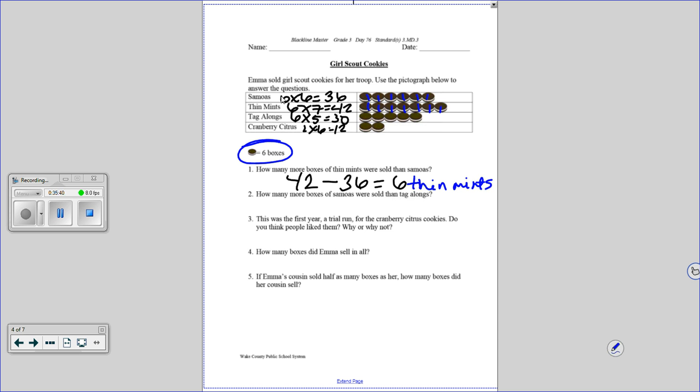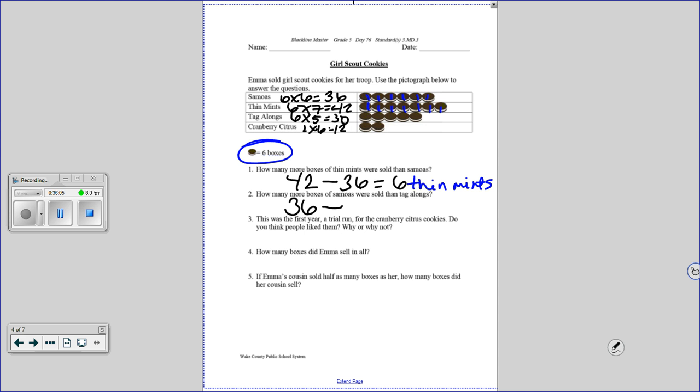Number 2. Pay attention, please. Get with me. How many more boxes of Samoas were sold than Tagalongs? Probably need to know how many Samoas were sold. How many Samoas were sold? Lindley? 36.